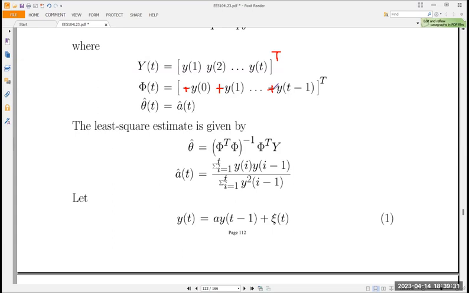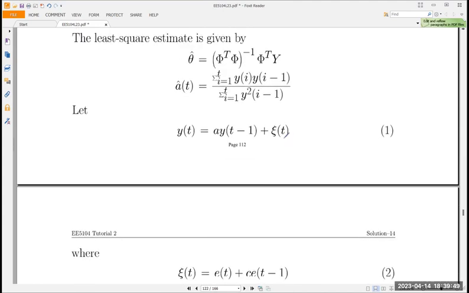But what is Y? If it is a heater, Y would be the temperature of your heater. And we say that actually the transfer function of the heater looks like that, which is y_t equals a y_{t-1} plus e_t plus c e_{t-1}. You model it wrongly, but you measure the temperature, and it is going to follow this formula.